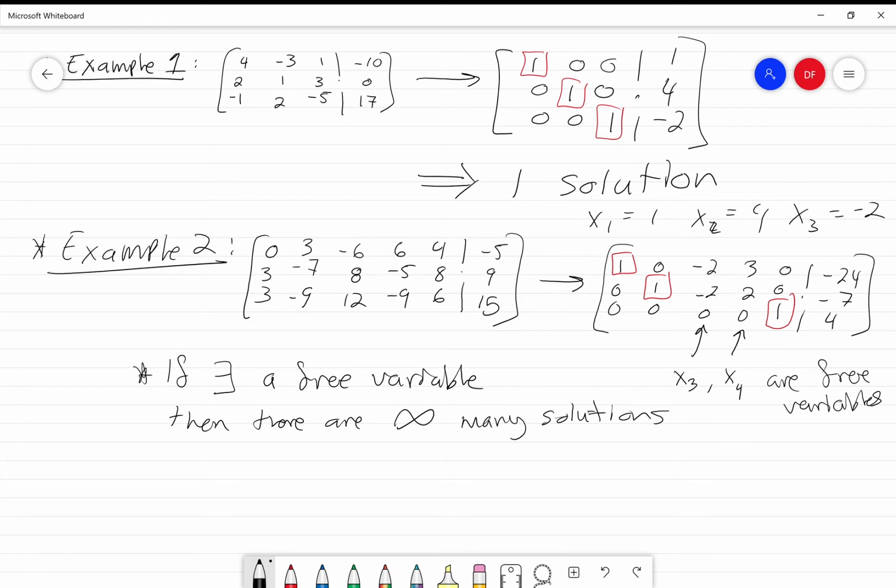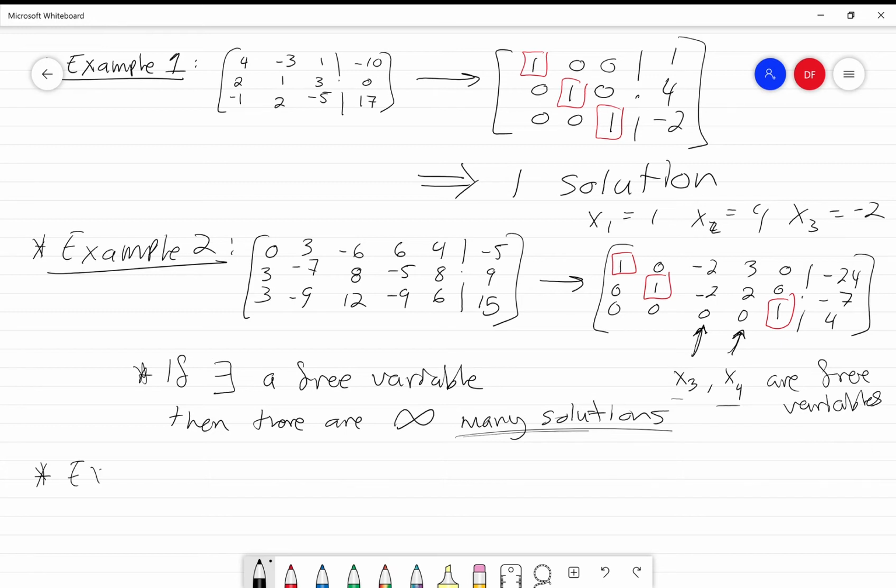And soon we'll learn how to represent those solutions. We can give a formula that will give us all of the solutions, for example. But for now, just know that if you see a case where there exist free variables, and free variables correspond to columns in which there is no pivot, okay? And if there are free variables, then the system of linear equations has infinitely many solutions.